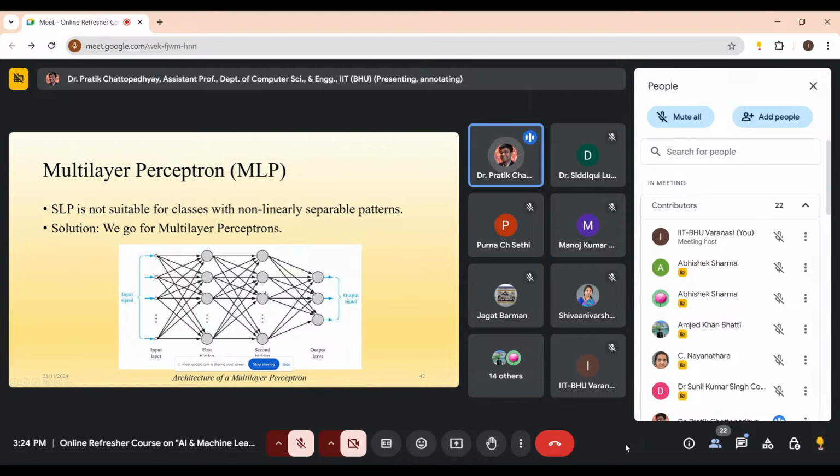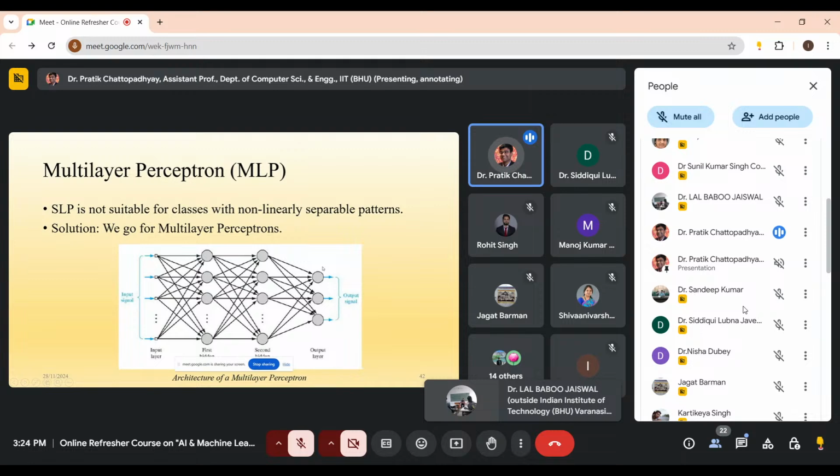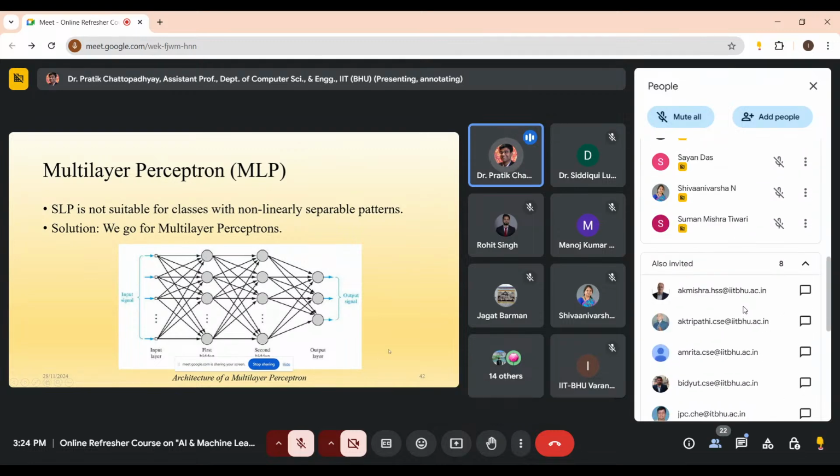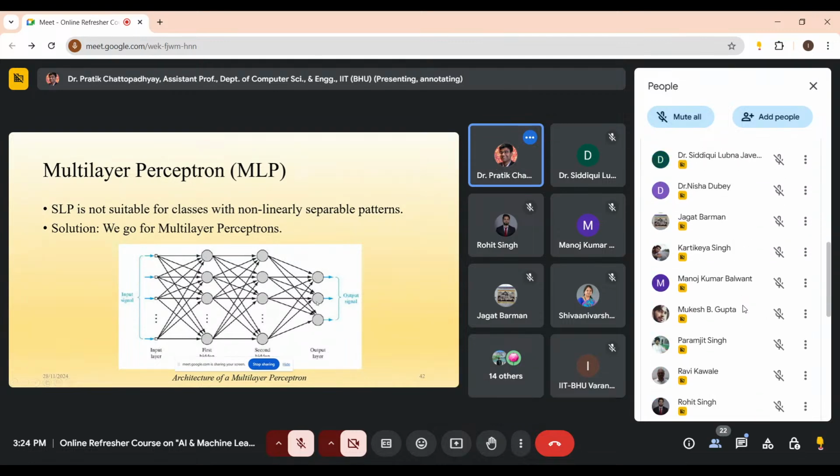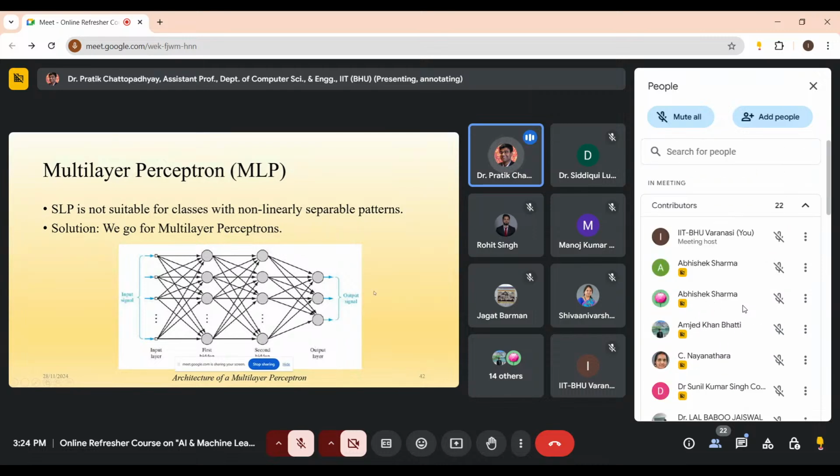There can be multiple hidden layers, 1, 2, 3, 4. In this diagram, we have shown 2 hidden layers. In an MLP, we can have even 10, 15 as we want. After all the hidden layers, we have the final output layer, where we get the output from the neural network.